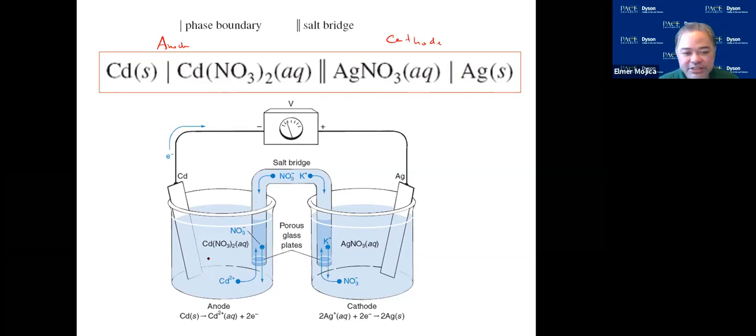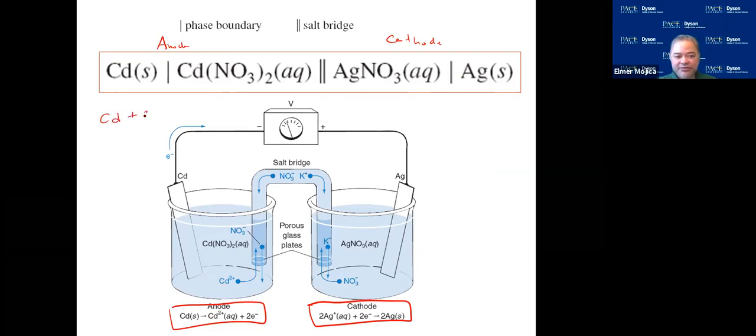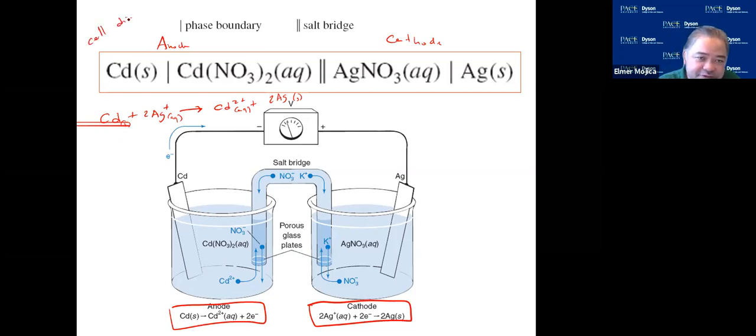This is also like the reaction that you have here. If you write the overall cell reaction, it's just cadmium plus 2 silver producing cadmium 2 plus and 2 silver metal. So I'm just going to put the aqueous here, the solid here, the aqueous here, the solid here. You still remember that? So this is the so-called cell diagram.